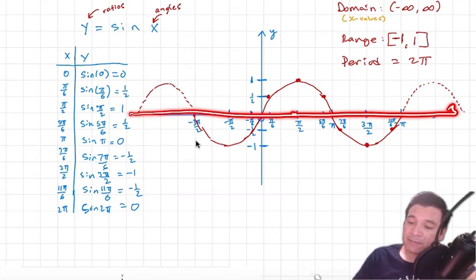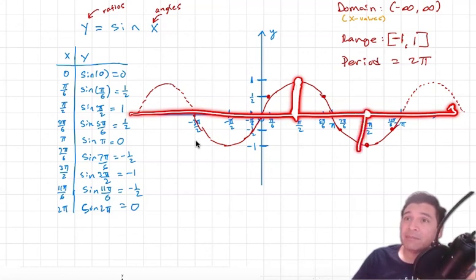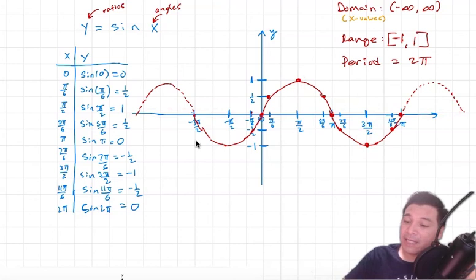In this case, this distance here would be all the way up to the maximum value. How long is that distance? Well, that is 1 unit. How far is it from the midline to the minimum value? Well, that distance there would be 1 unit as well. So we say that the amplitude is 1.